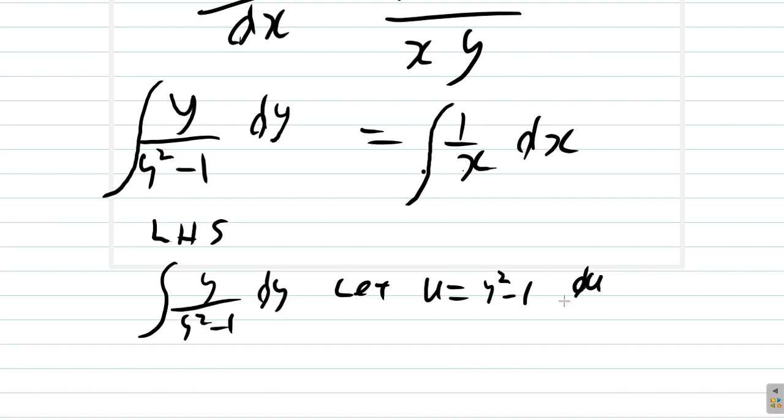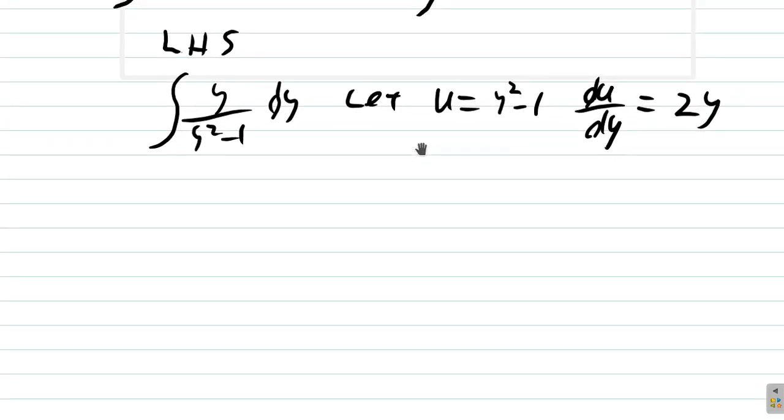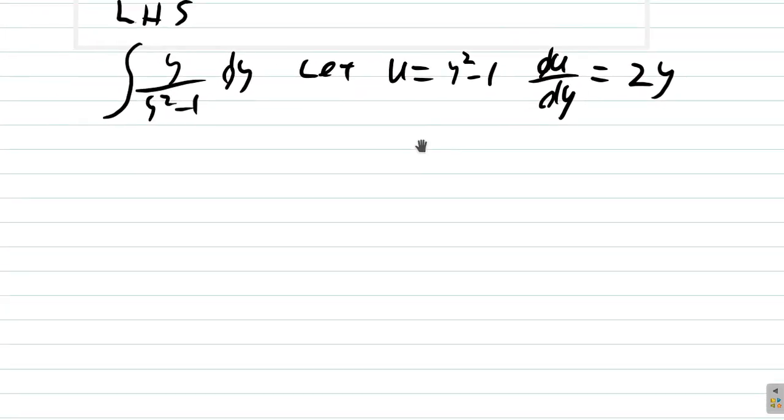Then du by dy would be equal to 2y. Dy would be equal to du over 2y.